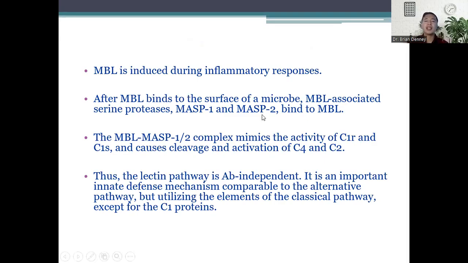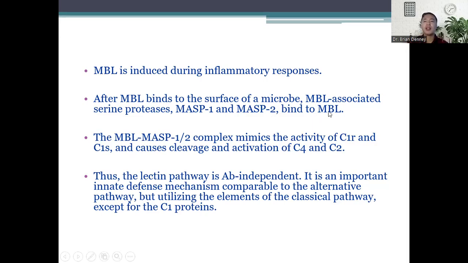Once MASP1 and MASP2 are bound to mannose, what basically happens is that it causes activation of your C4 and your C2. And then after that, the classical cascade follows. So the same cascade, very easy. It just differs in the recognition or the activation, in which we need MASP1 and MASP2 to bind to MBL.